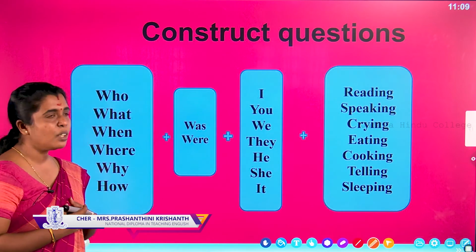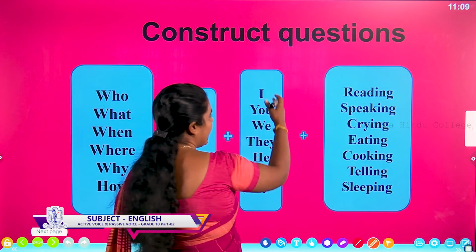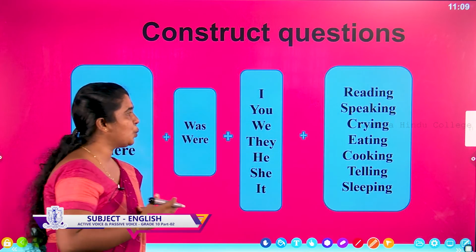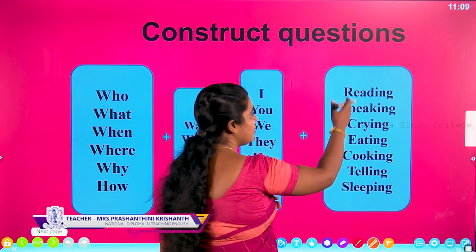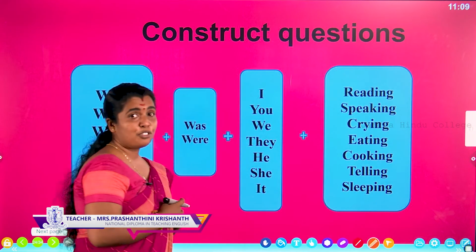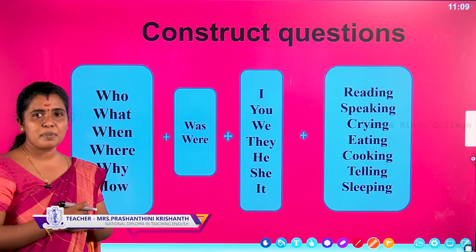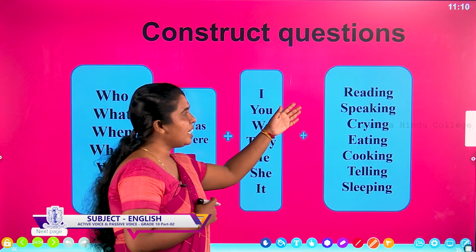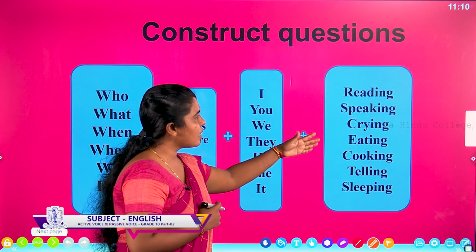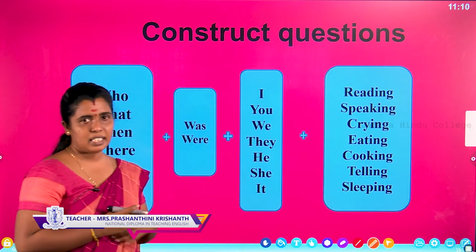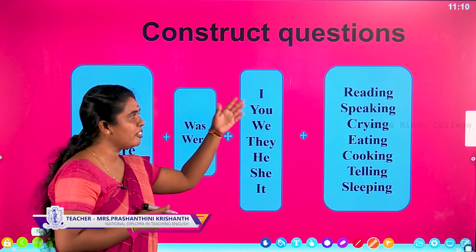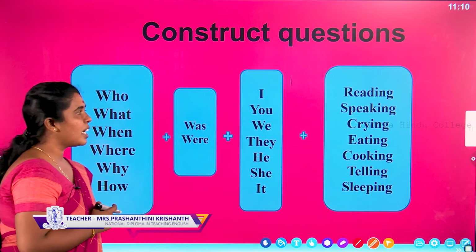These are the helping verbs. Then subjects are there, I, you, we, they, he, she, it. Finally, they have given you verbs, right? Main verbs, right? So, reading, speaking, crying, eating, cooking, telling, sleeping, right?